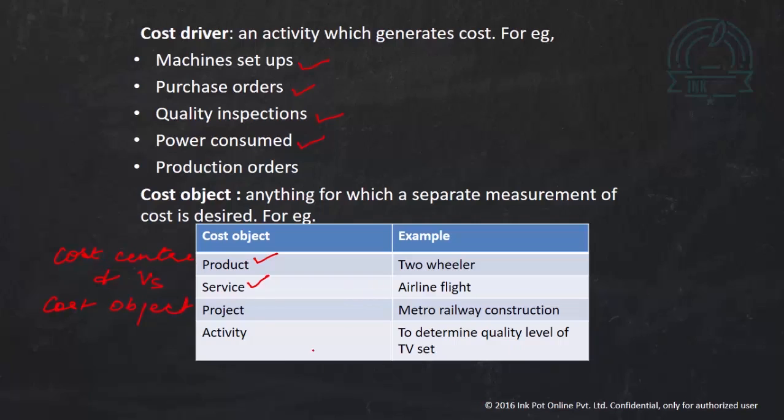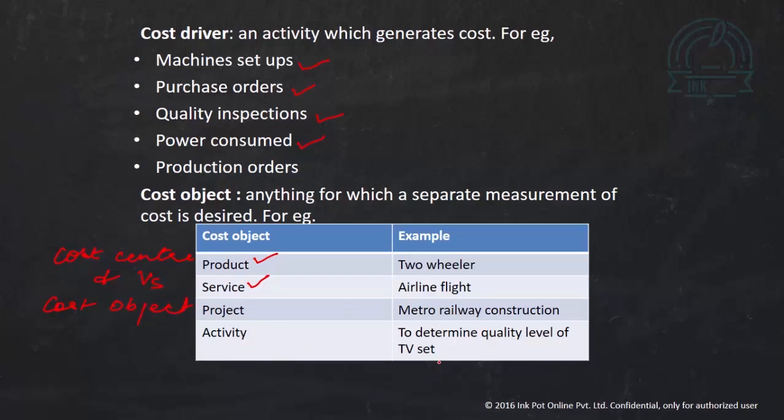For example, we are making a desk. It is a product, so the cost object here is a desk or a product. We need to look at the different costs involved in making that particular desk. So what is the total cost involved in making the desk?